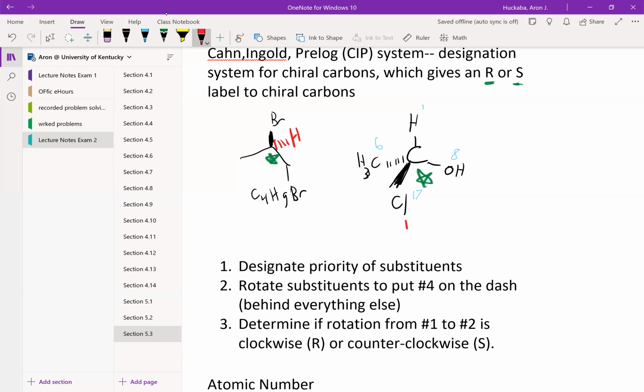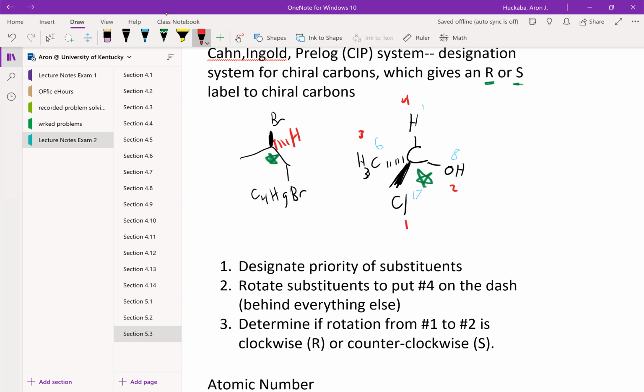Biggest atom, highest priority. Next, we have the oxygen. That substituent is 2. The carbon makes it 3, and hydrogen makes the 4th most important, the least important substituent. Now, we need to rotate substituents so that we can put the number 4 on the dash, meaning going away from us or behind the molecule.